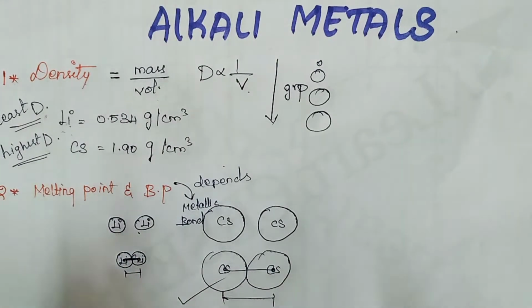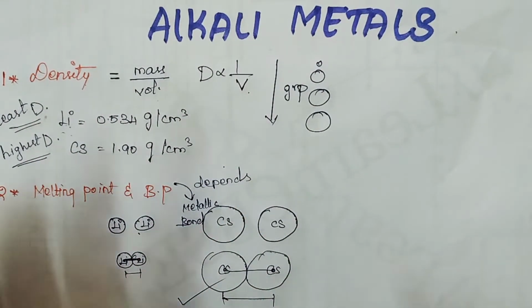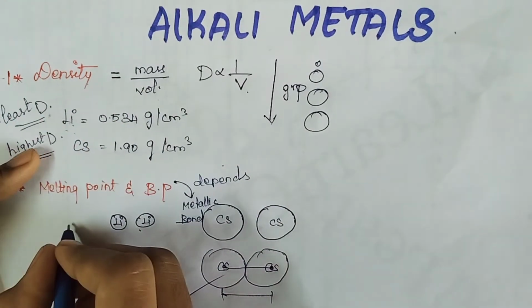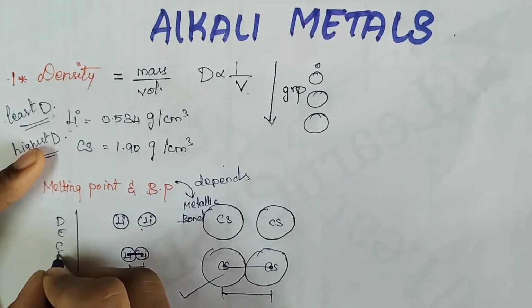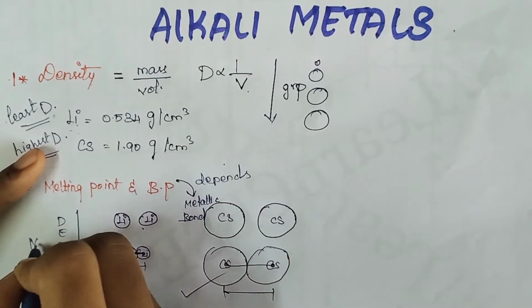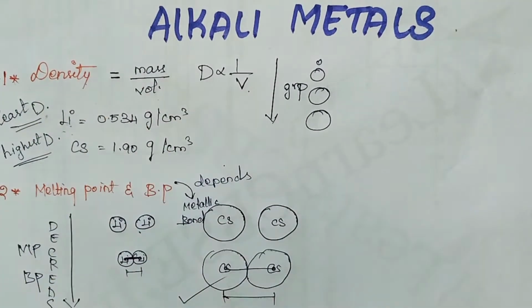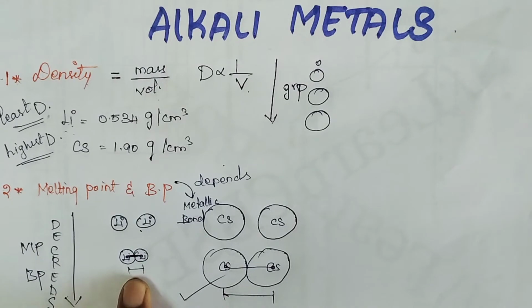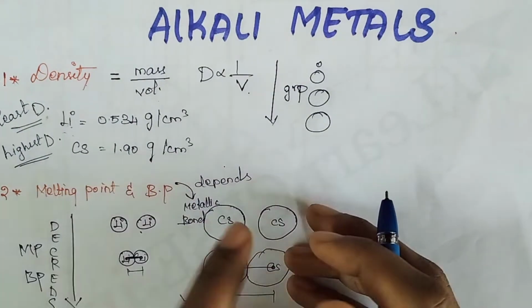The same goes for boiling points in alkali metals. It is easy, there are no exceptions in melting point and boiling point. They decrease regularly down the group. You write like this: the melting point and boiling point both decrease down the group. So the highest melting point is lithium, the lowest melting point is cesium.